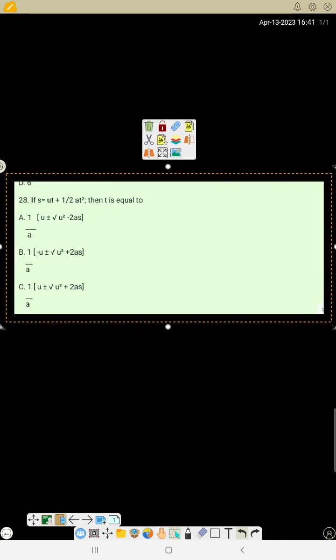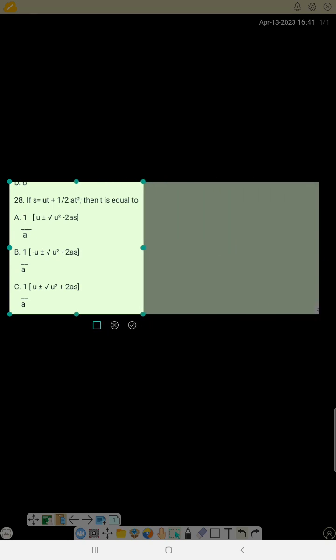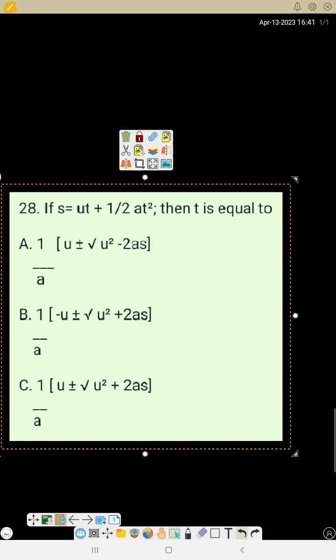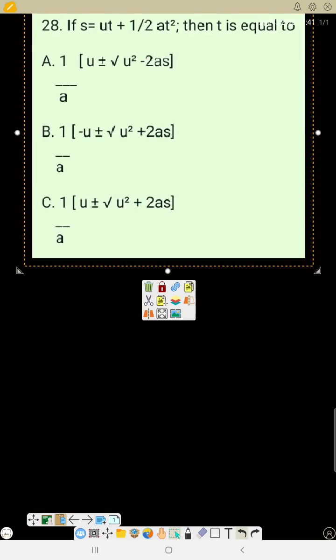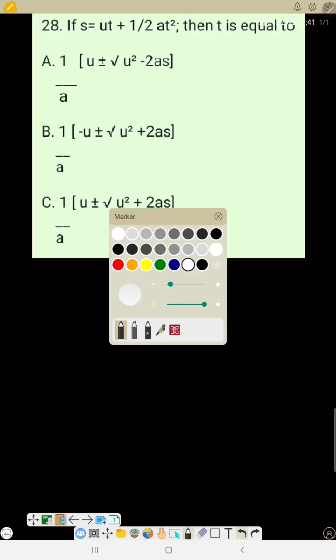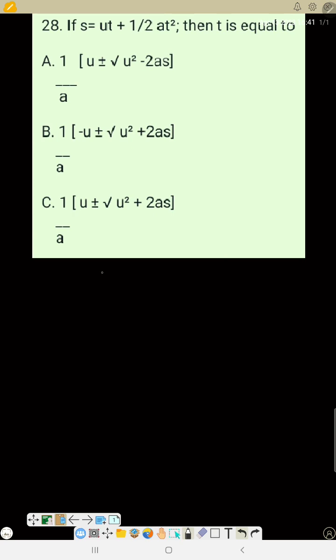So 28. Can capture the options. So we have, if s equals ut plus half at squared, then t is equal to... so make t the subject of the formula.